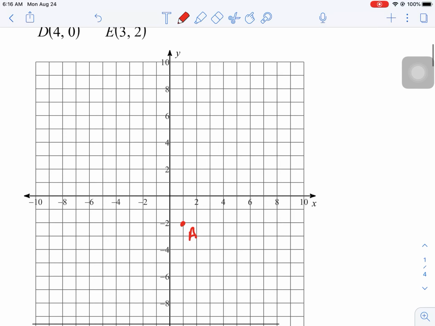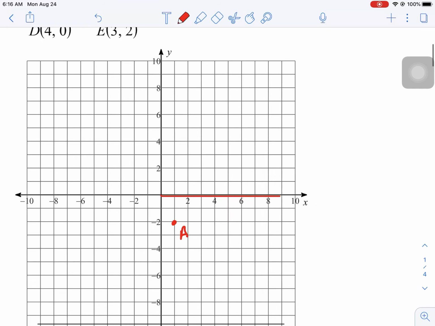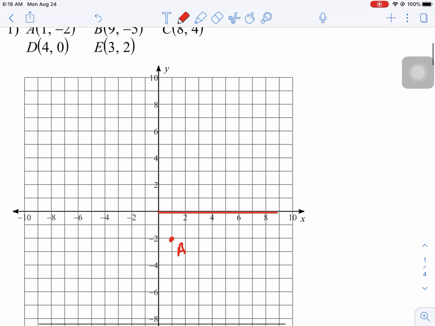B is 9, -5, right? So we start in the middle. We go 9 in the x direction positive. We're here. And we just stop. And now we're going to go -5, 1, 2, 3, 4, 5 here in the y direction. So we're going to have this point here.